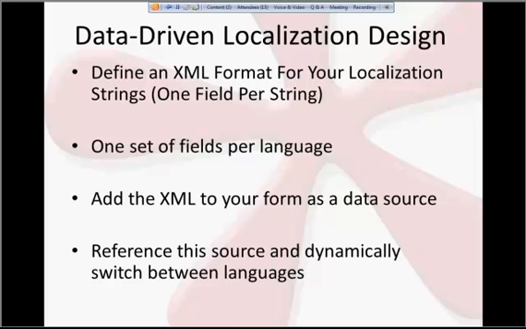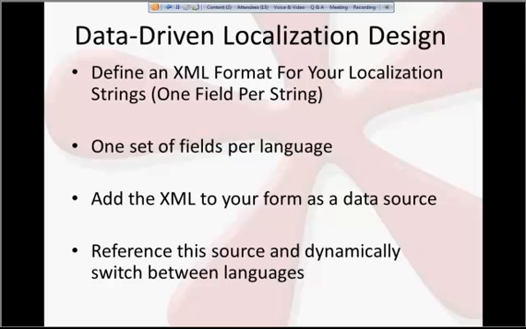Then use some conditional formatting to hide or show the appropriate one, depending on the current language. Of course, this would be very tedious. It would take a lot of time. The view design layout would be a mess.